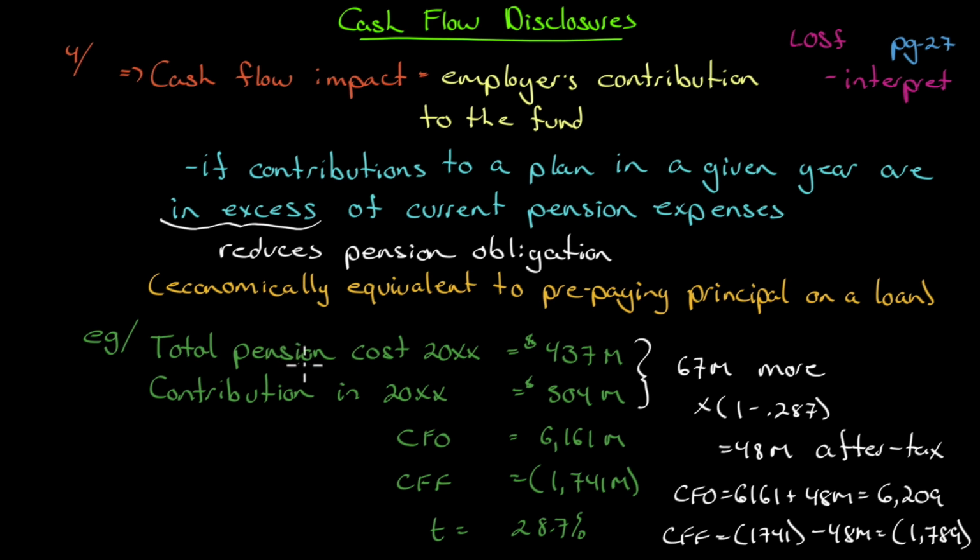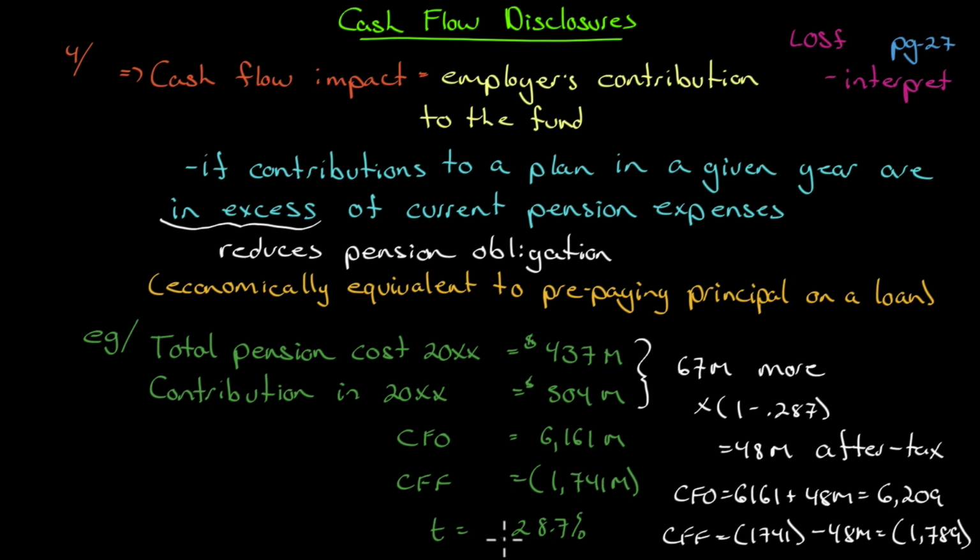So let's take a situation where we have our total pension cost for 20 whatever year you want to put in of 437 million. We contributed in that particular year 504, so we contributed 67 million more than we needed to. Our cash flow from operations we reported as 6161. Cash flow from financing was an outflow of 1741.